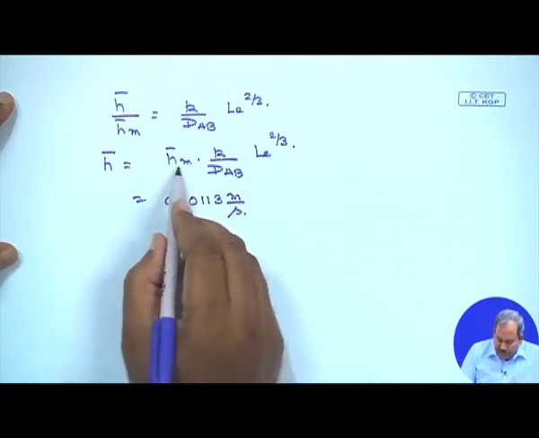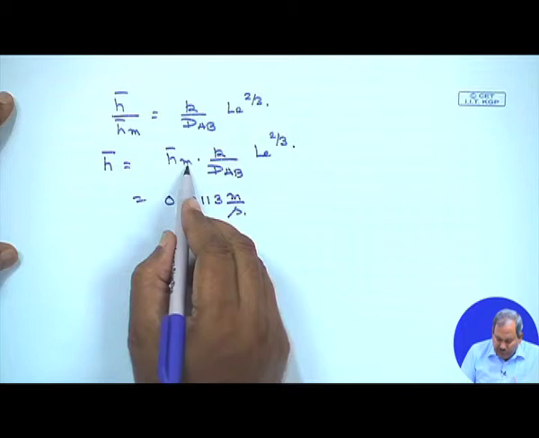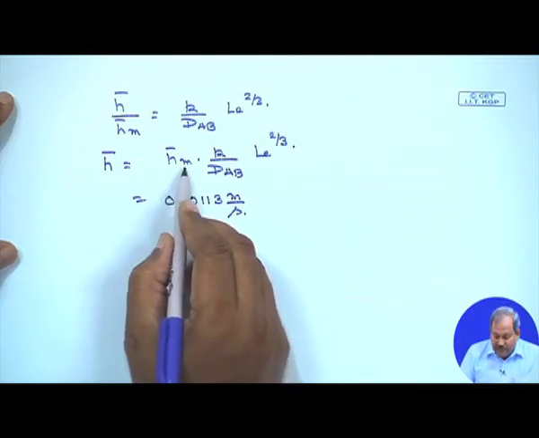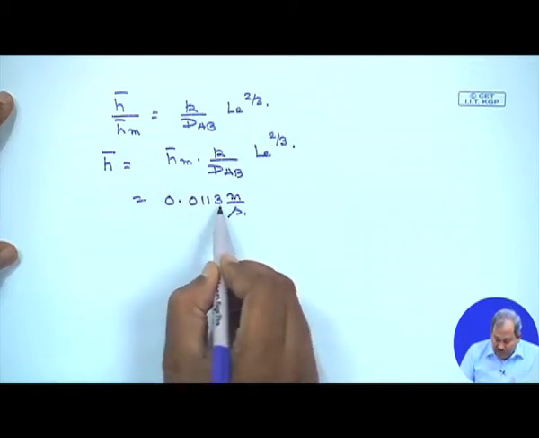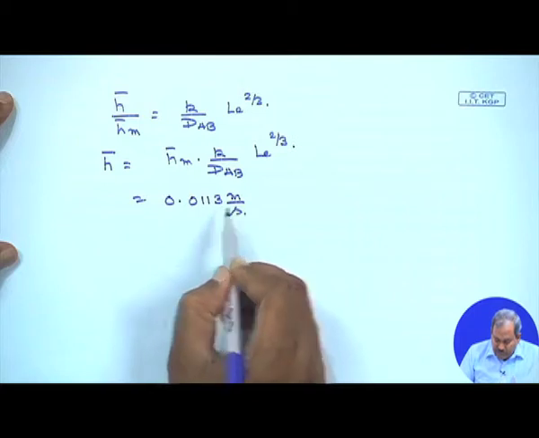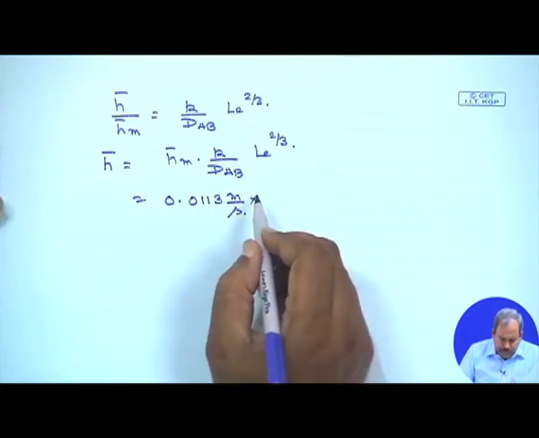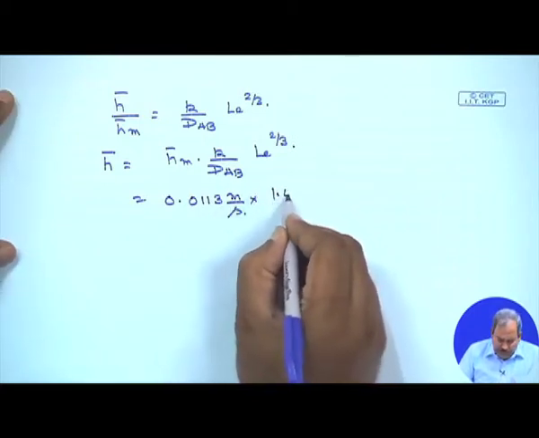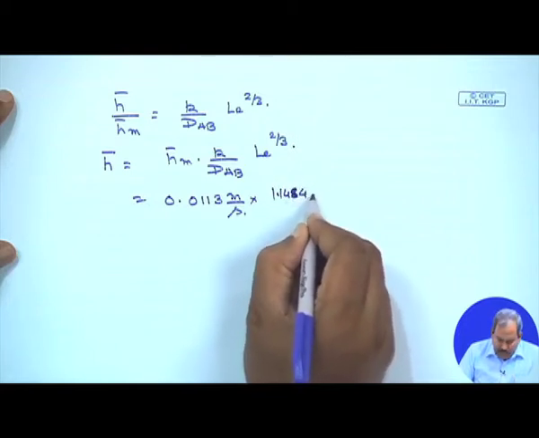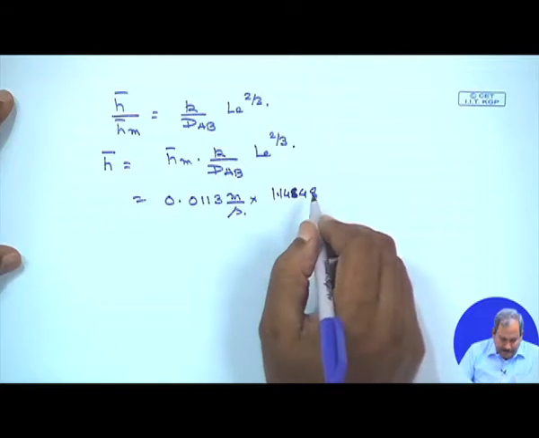So this value will remain unchanged even if you impose a temperature difference. So the value of the convective mass transfer coefficient would not change, and the value of K is 1.1448.